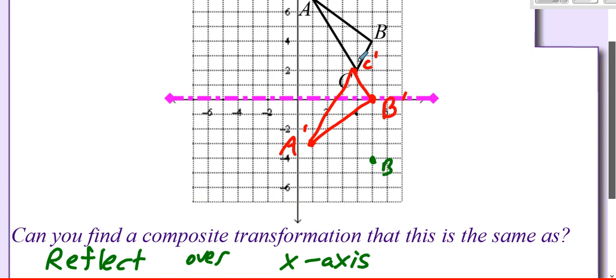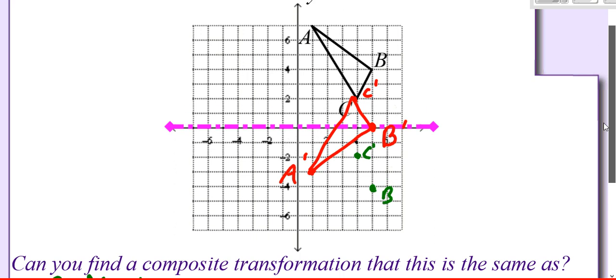That's where B ends up. And C. And then A is right down there. So if we did a different reflection, it's just down here instead. And then to move it where it needs to go, just has to move up 1, 2, 3, 4 spaces.